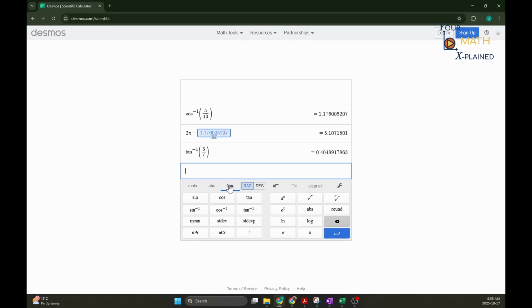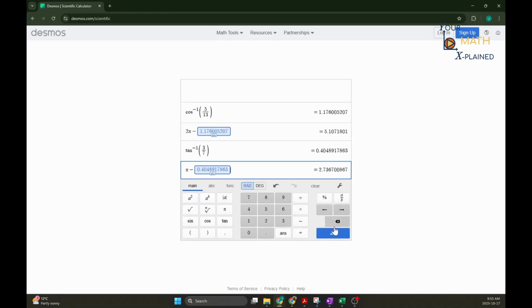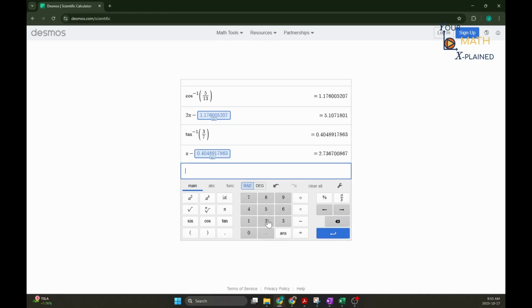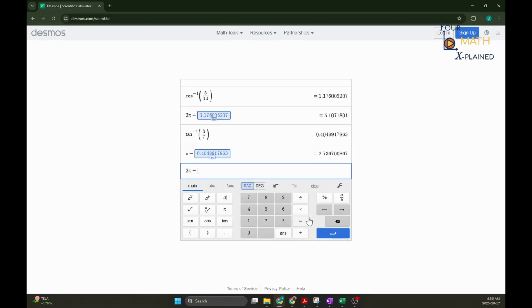So let's go ahead and put both of those into our calculator. So our first one is pi minus our answer from the previous step, which gives us 2.737. And then our second one is going to be 2 pi minus the answer from the previous step.